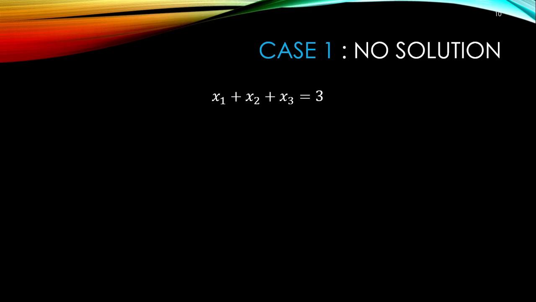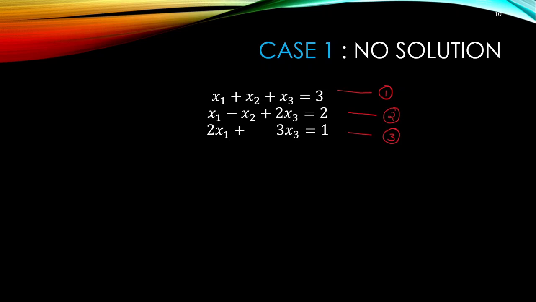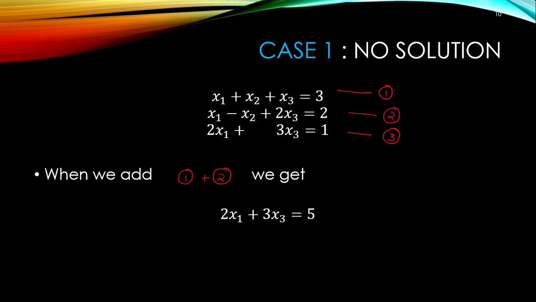Let's take this example: x1 plus x2 plus x3 equal to 3, and x1 minus x2 plus 2x3 equal to 2, 2x1 plus 3x3 is equal to 1. Let's label the equations as 1, 2, 3, and when we add 1 and 2, we get the equation 2x1 plus 3x3 is equal to 5.